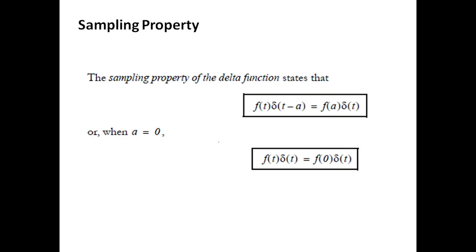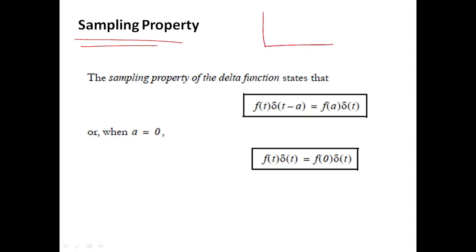And the sampling property, as I was telling you: when you multiply this impulse function with a continuous time signal, at whatever location the impulse function is present, the output would be the value of the signal at that instant.